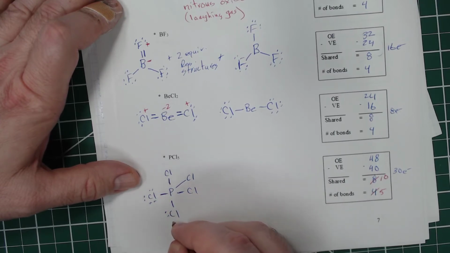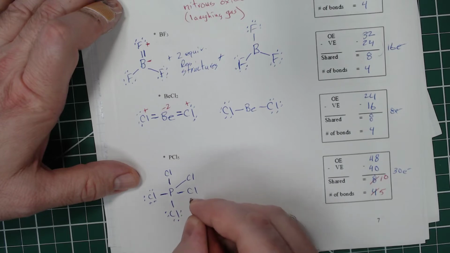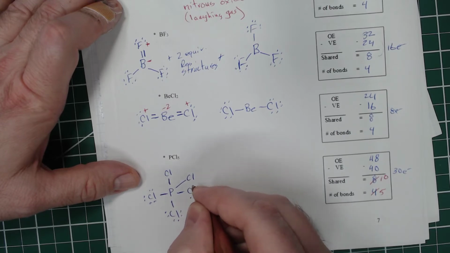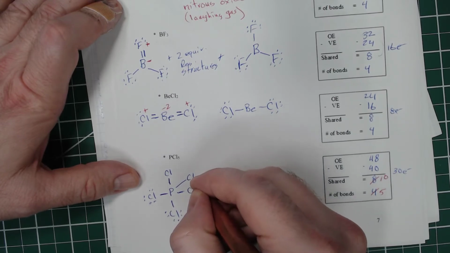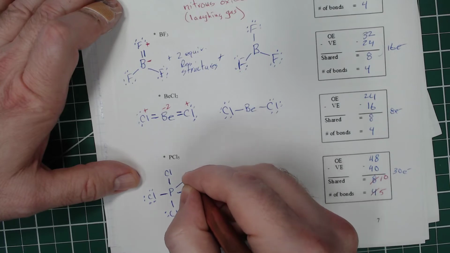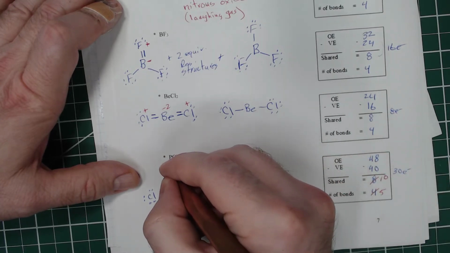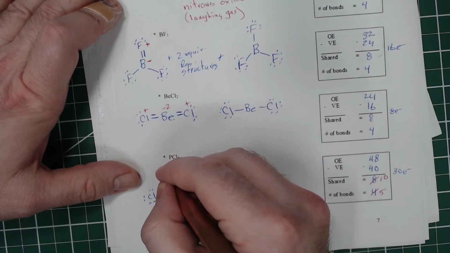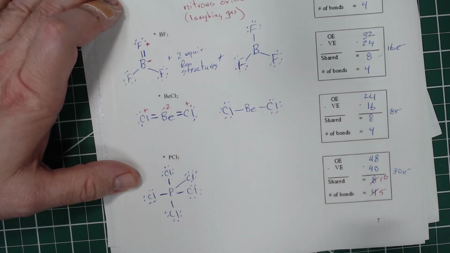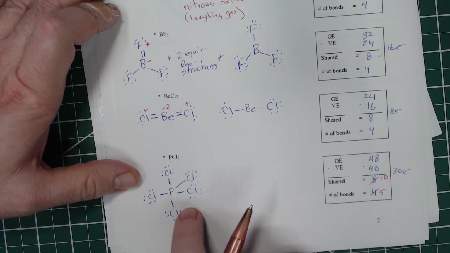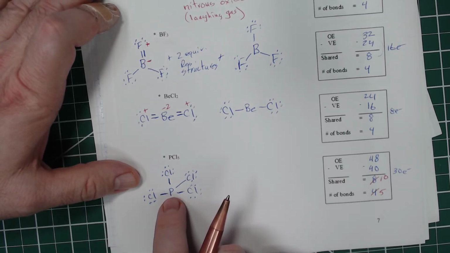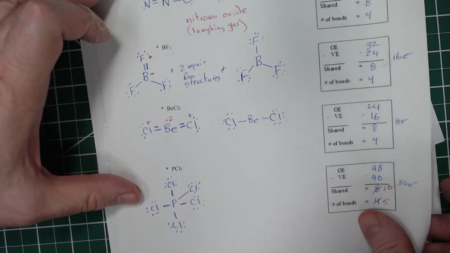So I'll do those real quick. Hopefully you can see all these. They're getting a little bit messy, but all right, so there it's phosphorus pentachloride. So that one has more than an octet, but it's okay because phosphorus is in period 3 on the periodic table.